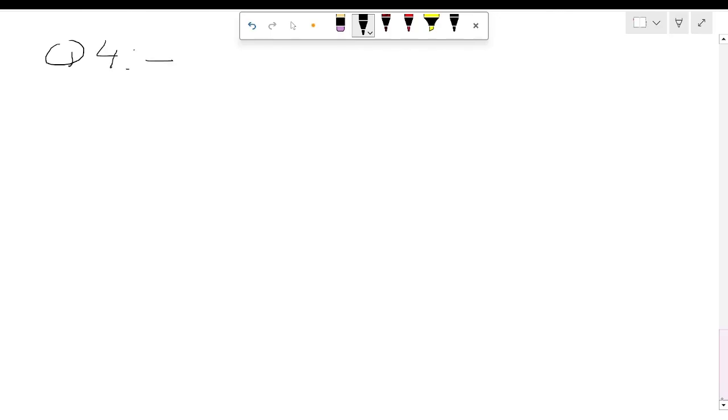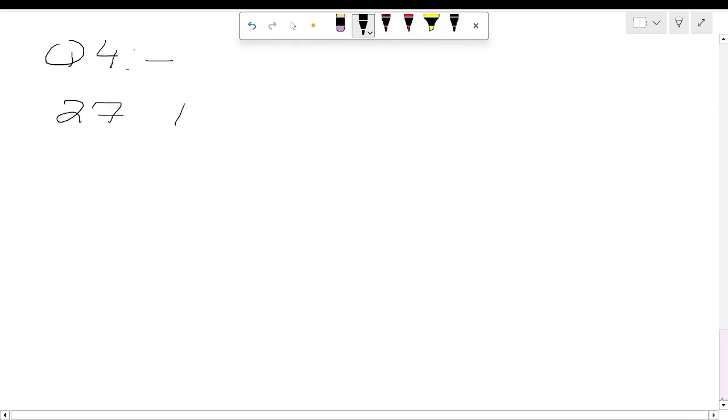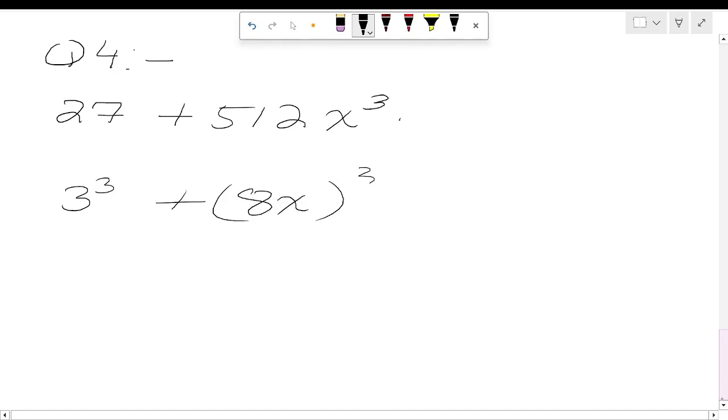In question number 4, we have the expression of 27 added with 512x cube. Now let's assume that the cube of 27 is 3 cube, and then the cube of 512 is 8x whole cube.